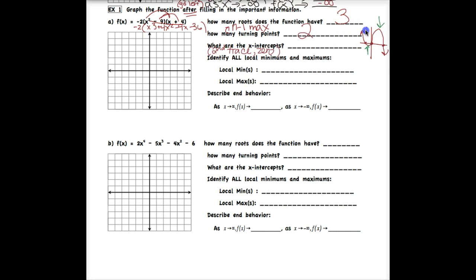So if I'm using my little sketch here, if I want to find this x-intercept, I do second trace, choice 2 to find the zero. Remember that left bound for this zero is going to be here. That's left bound. Right bound is going to be there. So do your left bound, right bound.